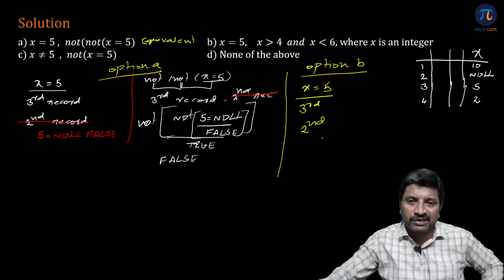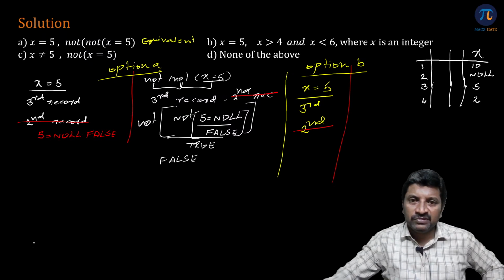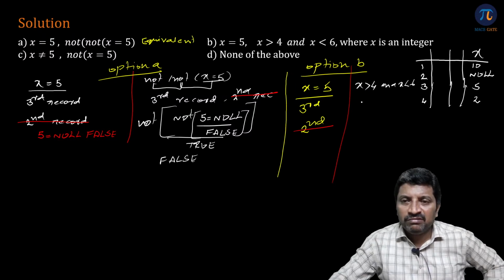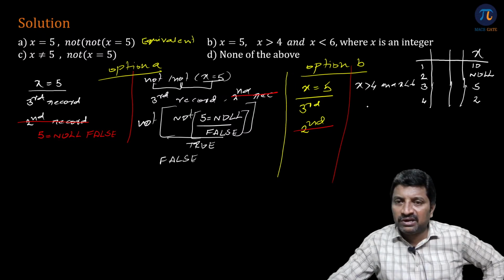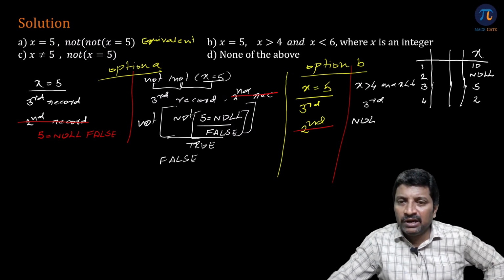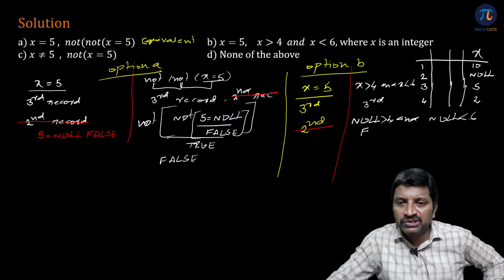So I am not writing it again. What about the second condition? X greater than 4 and x less than 5. So the third record will satisfy, sir. What about second record? Null greater than 4 and null less than 5. So this is false and the second one is false.